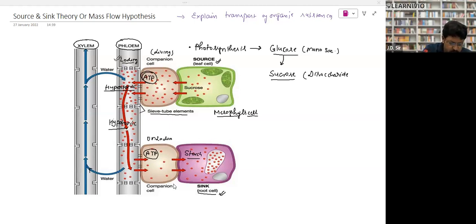Mass flow. Source and sink theory or mass flow hypothesis.